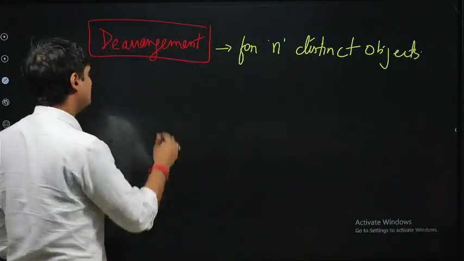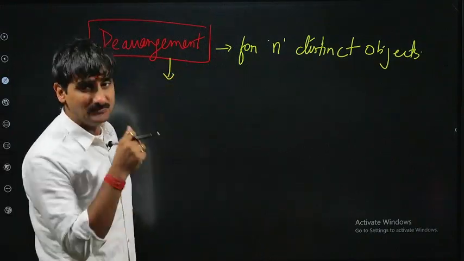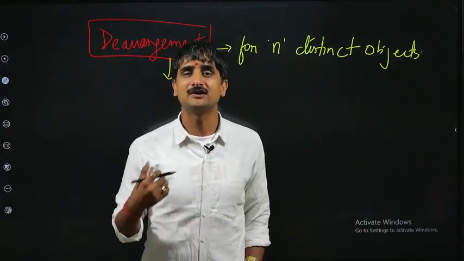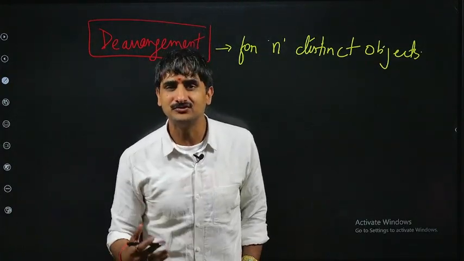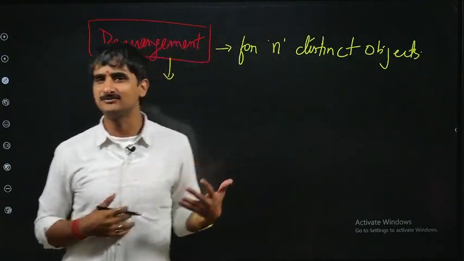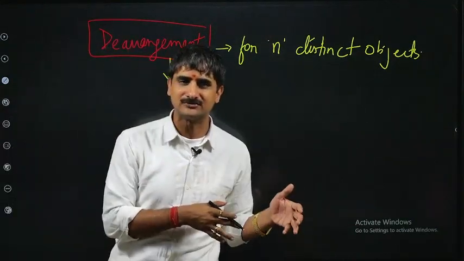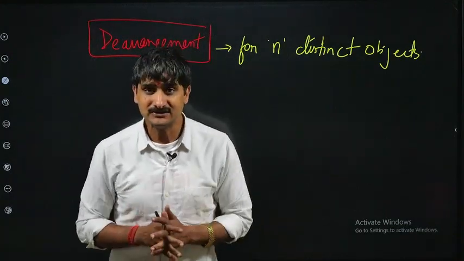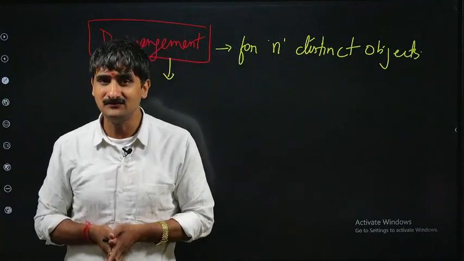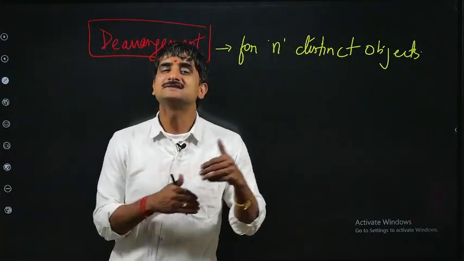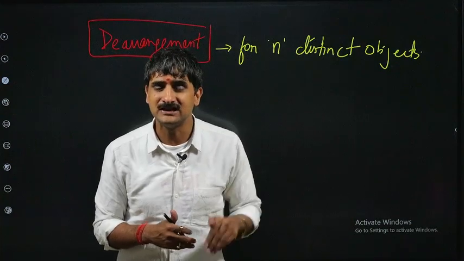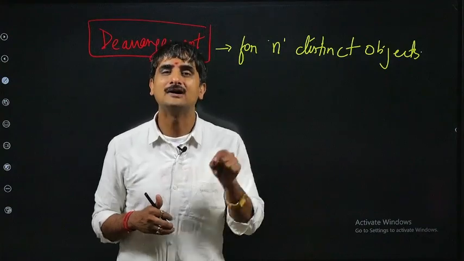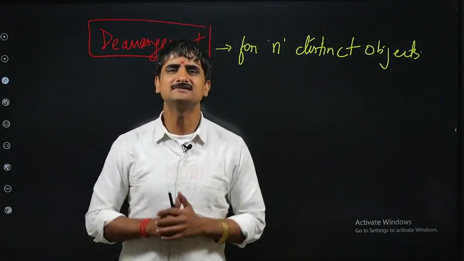What does derangement mean? Derangement simply means that no person should occupy his or her designated position or place. Like in that question, there are 6 persons and their corresponding 6 houses. If the question statement had been: in how many ways can 6 persons stay in 6 houses such that no person goes to his or her own house, that's derangement.